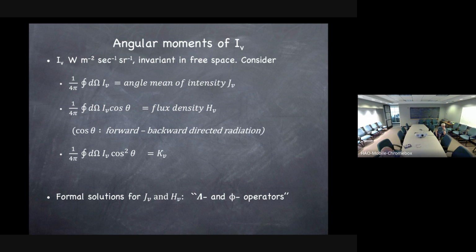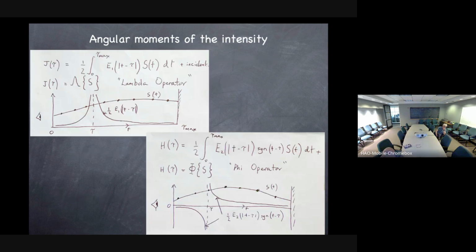So what we're basically doing is taking the difference between the outgoing radiation and the incoming, the upgoing radiation to this point here. So this is a phi operator, and this sine term here comes from the cos theta change of sign.